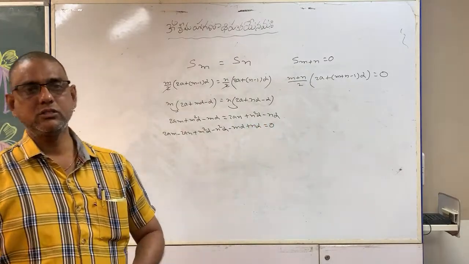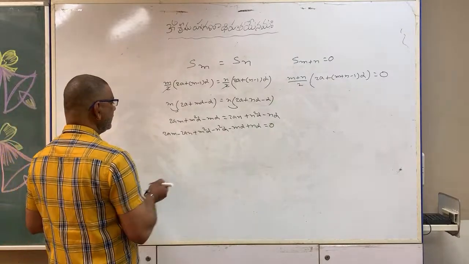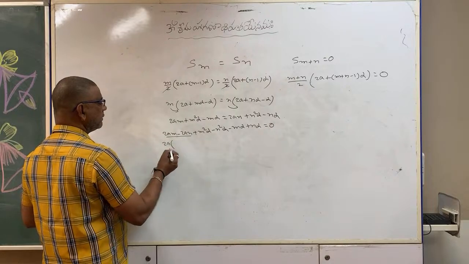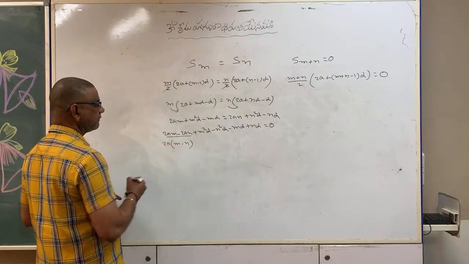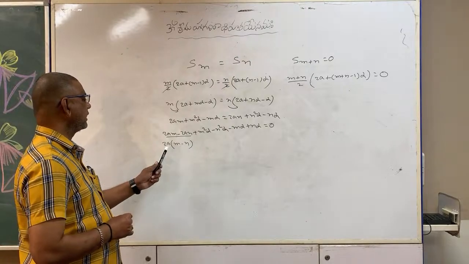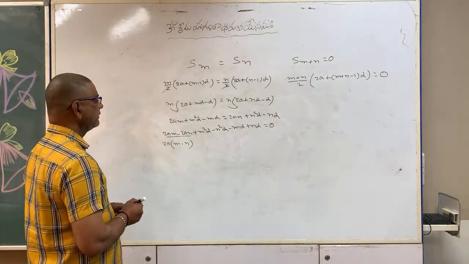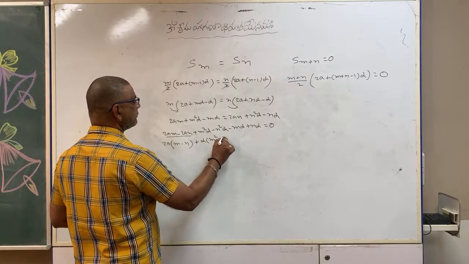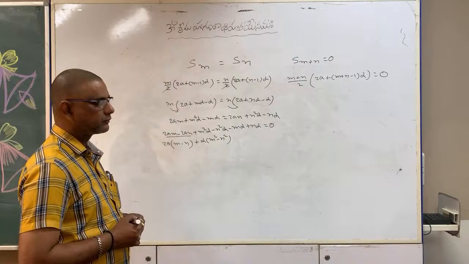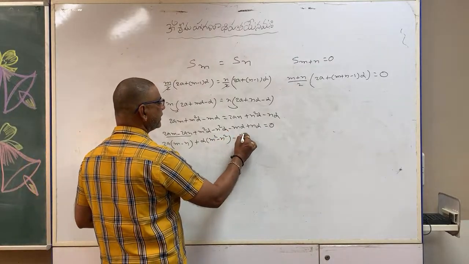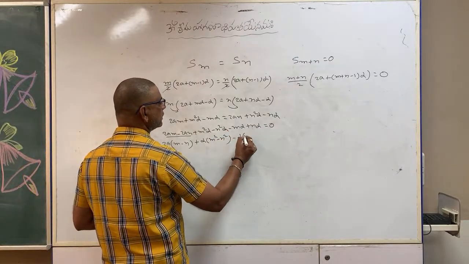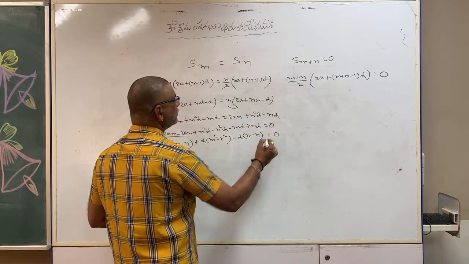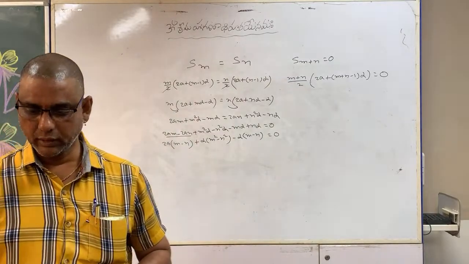Now, if I take 2a common in the first two, I will be remaining with m minus n. And here, if I take d common, m square minus n square. And here, if I take negative d common in these two terms, remaining is m minus n, is equal to 0.